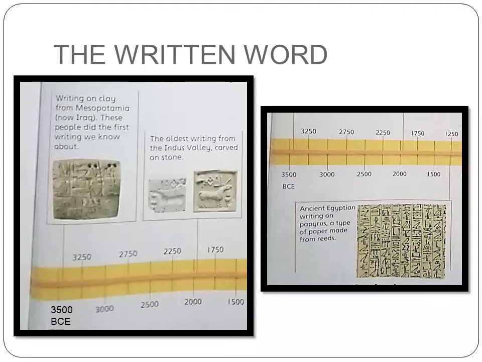Basically, papyrus is a material similar to thick paper that was used in ancient times as a writing surface. It was made from the pith of the papyrus plant. A pith is the tissue, the spongy or soft part inside the papyrus.